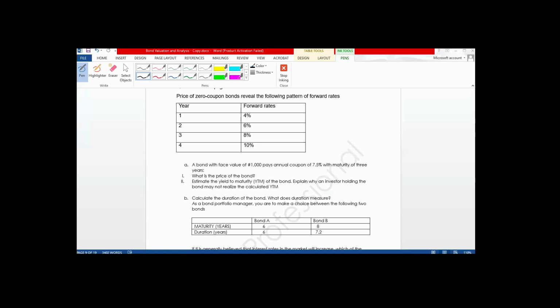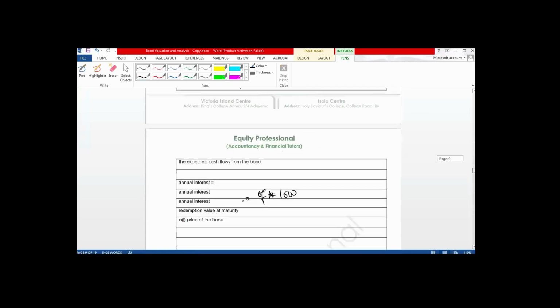Why would an investor not realize the calculated yield to maturity? There are 3 reasons why an investor may not realize the calculated yield to maturity. Let me give you the answer.